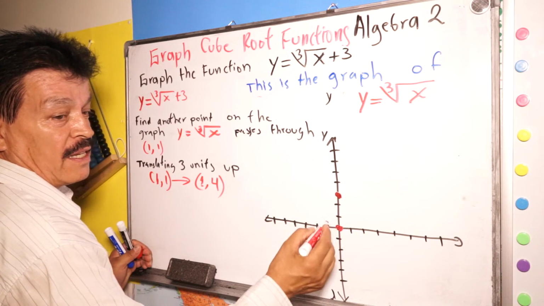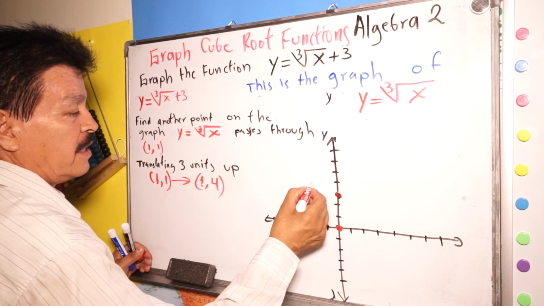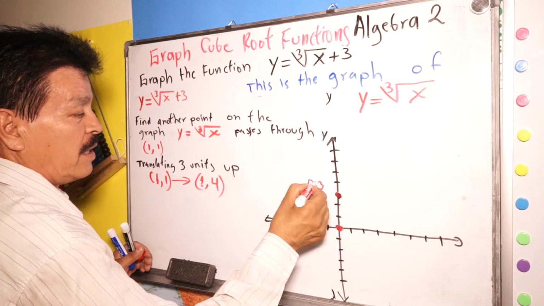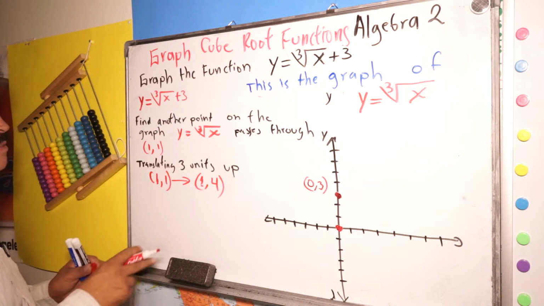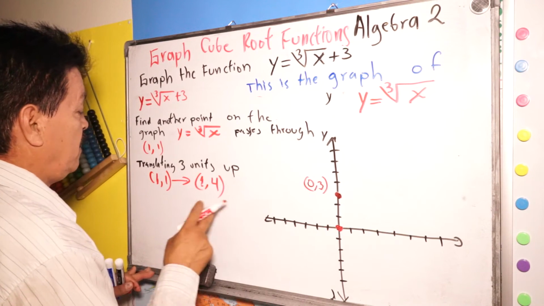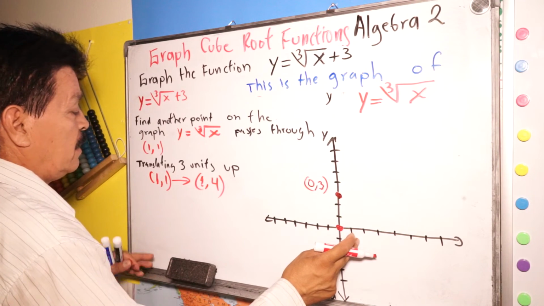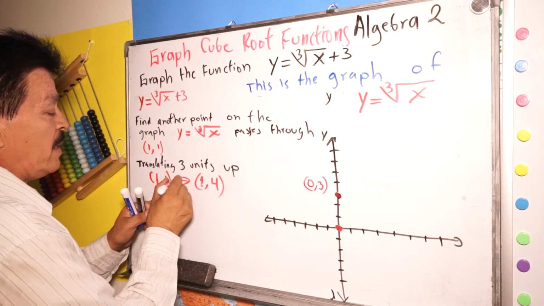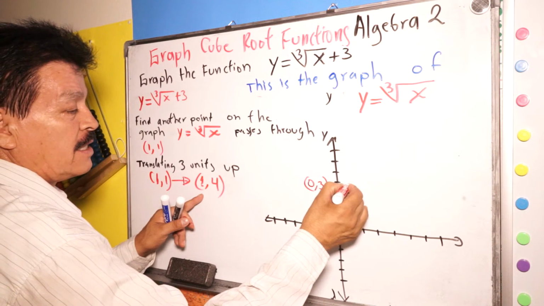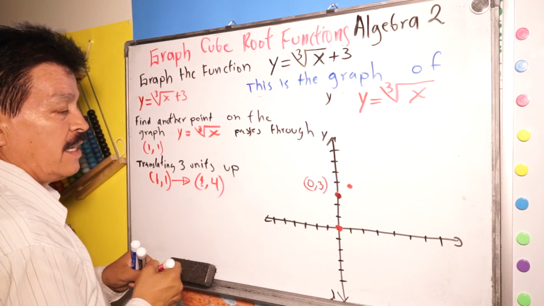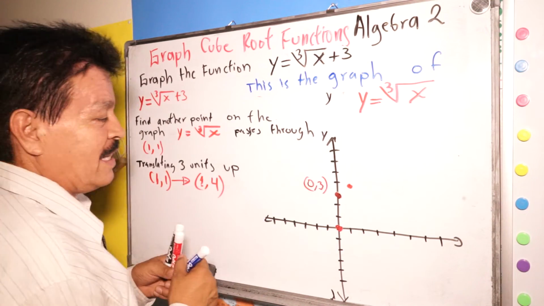So this point is 0, 3. We moved it 3 units up, and then the next point is 1. The translation is right here, 1, 4. 1, 2, 3, 4. That is the other point. So the graph looks like this.